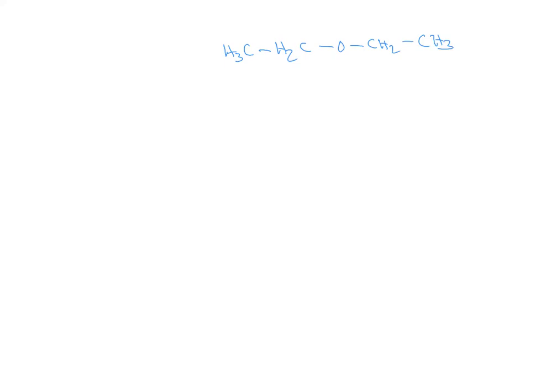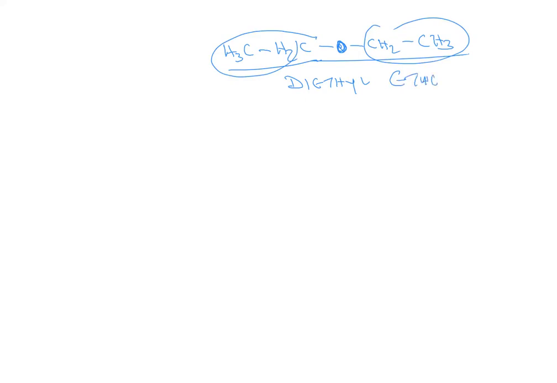Okay, but these are the exceptional cases. Like now, this is a diethyl ether. We just say the common name diethyl, because this is ethyl. The functional group is ether. Then ethyl here. So diethyl ether. That's what it means. Ethyl groups, diethyl ether.